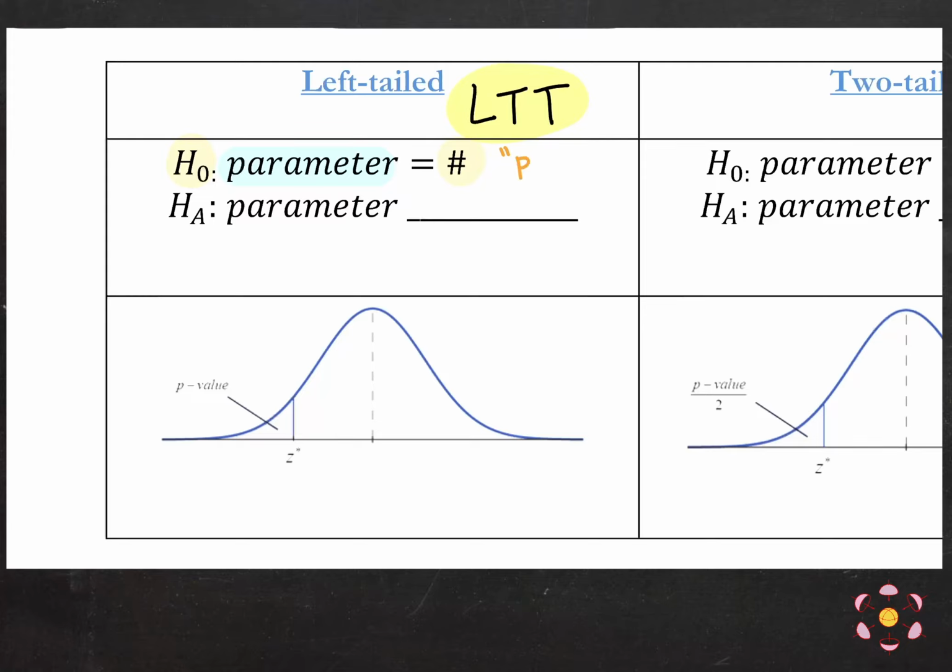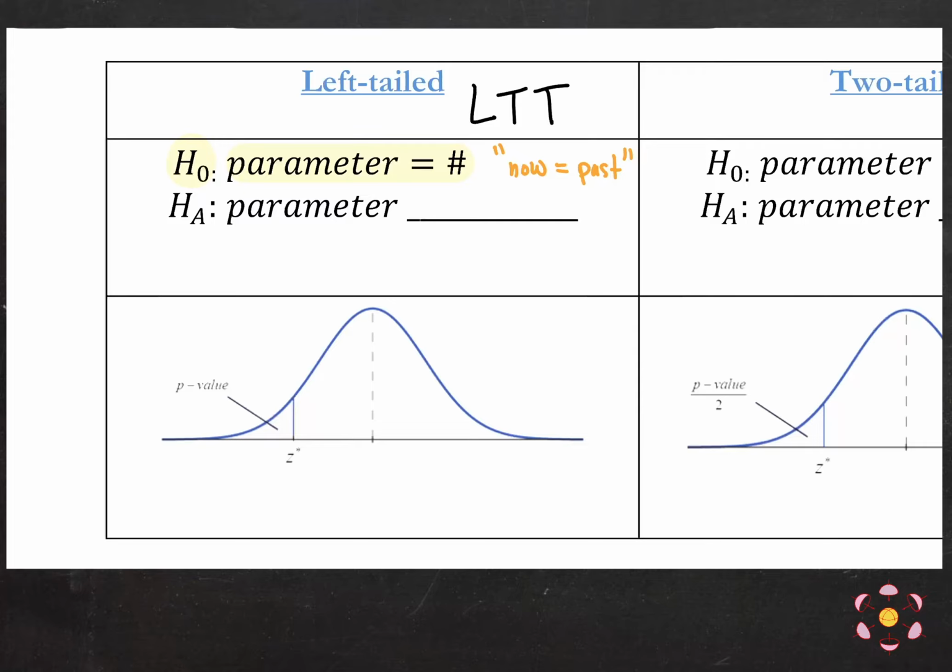Okay, so what I actually want to say is, when we write this as an equation, what are we saying when we put this in here? What we're saying is, on the left-hand side, the now parameter, in this case proportion, we are saying that the now proportion is equal to the past proportion.